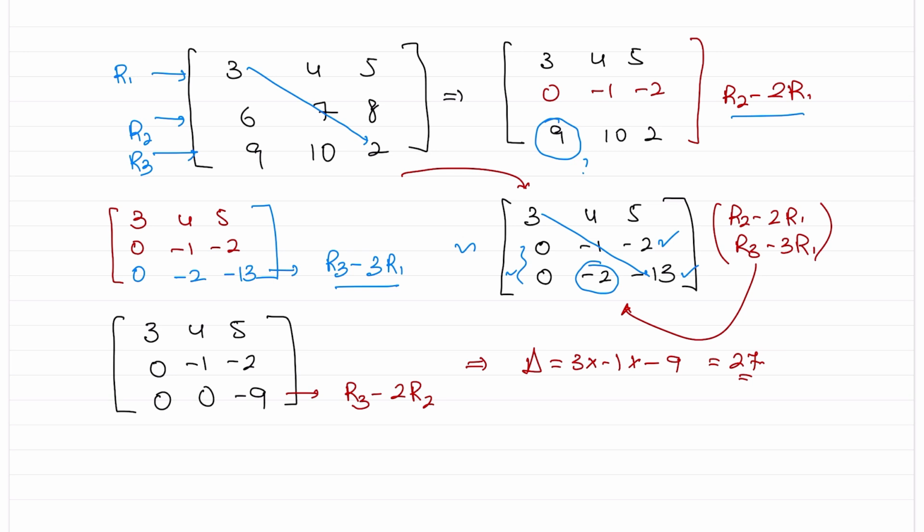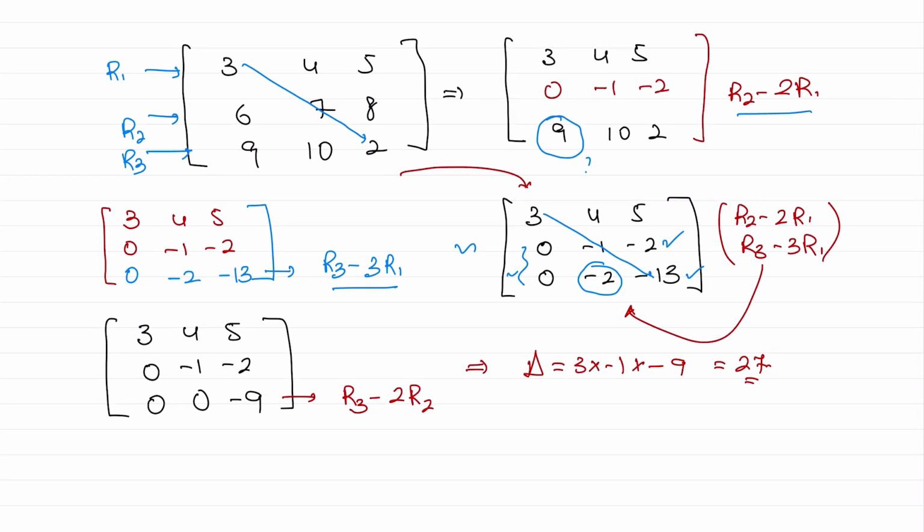Minus 2 plus 2 will become 0. To make plus 2 in R2, I have to multiply with 2 and deduct from this. Minus 2R2 will be minus 2 of minus 1, that will be plus 2, plus minus 2 will be 0. This is minus 13 plus 4, that is minus 9. That means my determinant is 27.